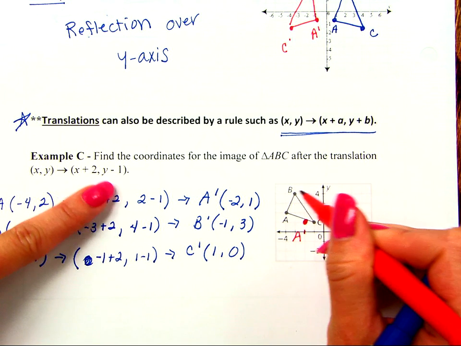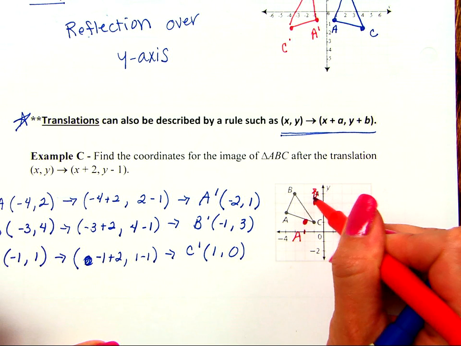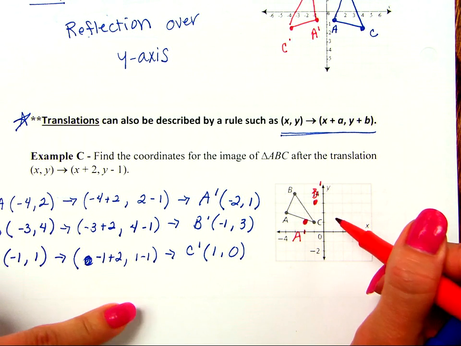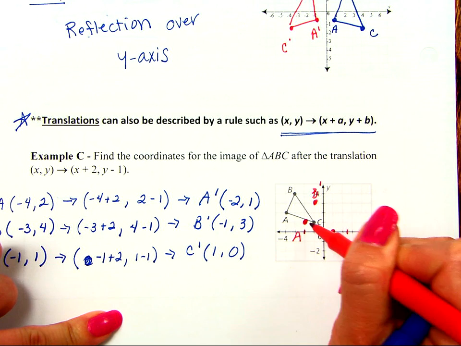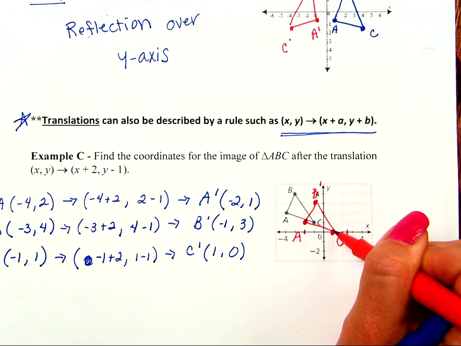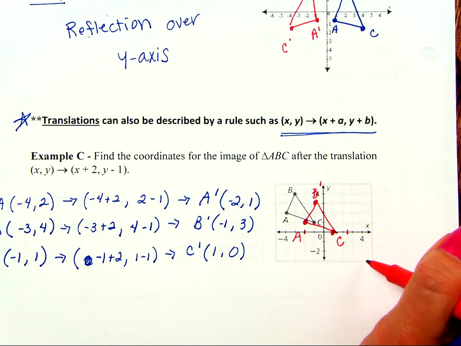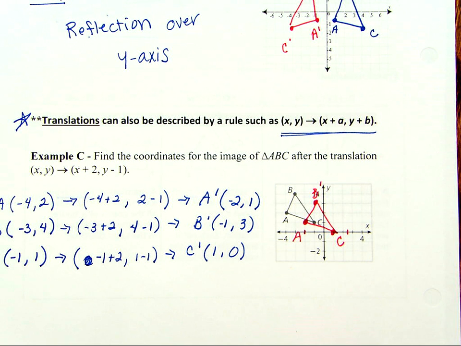And I could do that with each point. And then I could just look at the graph to read my coordinates. So you could do it either way. You could use the graph and translate to find your coordinates, or you could substitute algebraically. Honestly, I would like you to be familiar with both.